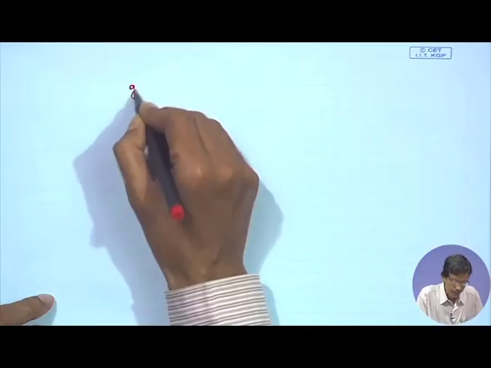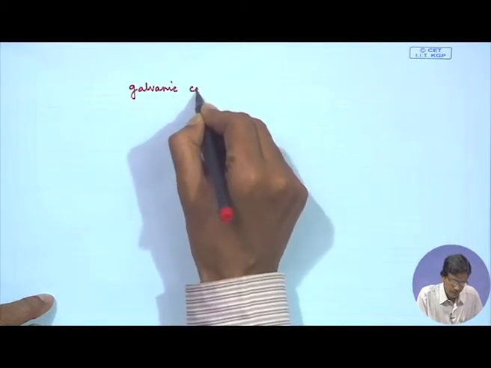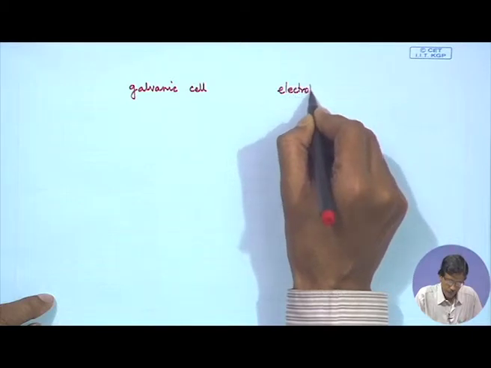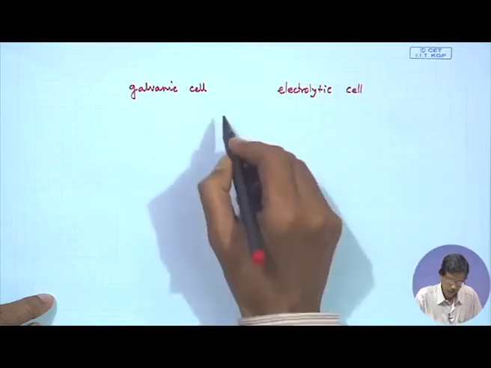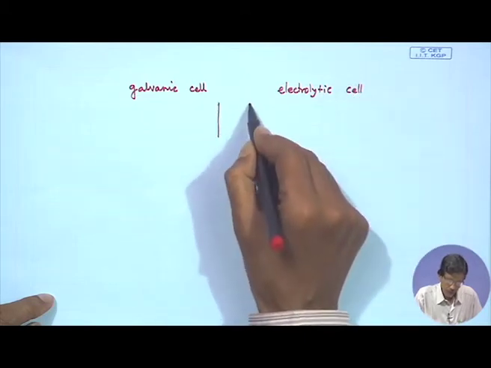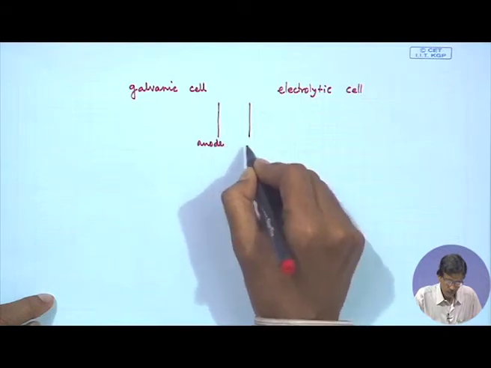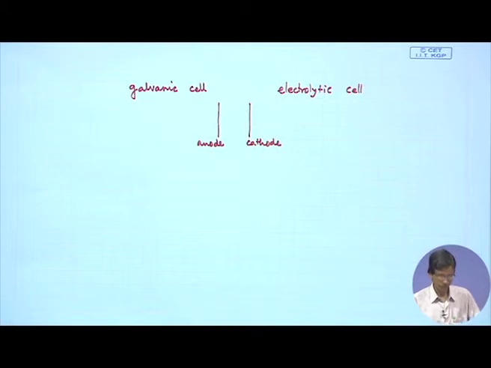So, if we have the galvanic cell and the electrolytic cell, the definitions for anode and cathode will be different.